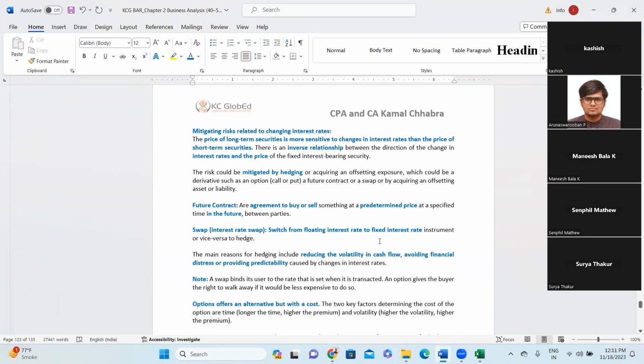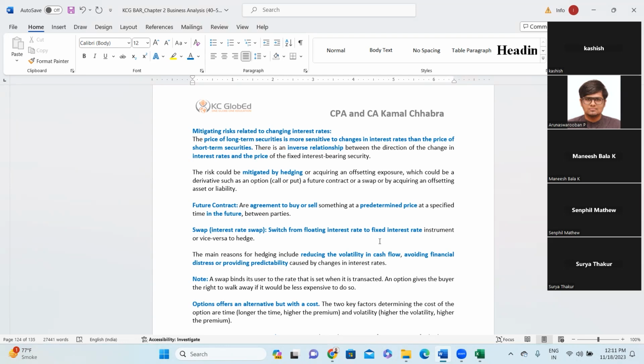Next is mitigating risk related to changing interest rate. So what is changing interest rate? Any idea? What do you mean by changing interest rate? That means interest rates keep on fluctuating, right?